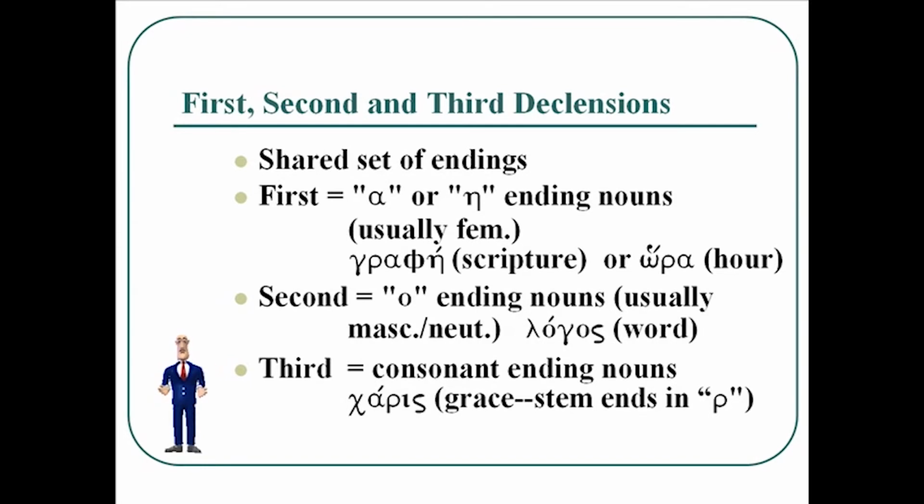So we have first declension nouns, eta and alpha, which are usually feminine. Second declension nouns, which end in an omicron, masculine or neuter usually. And third declension nouns, which end in a consonant, and those will be masculine, feminine, or neuter. And these three sets of endings will be found at the end of Greek nouns.